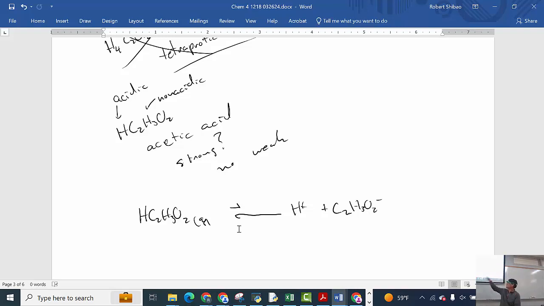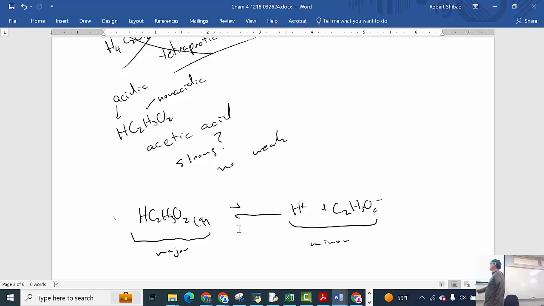So the downhill direction's the left. Most of the population is going to stay down here, and a little bit will make it to the top of the hill. And so this is the major species. This is the minor species.